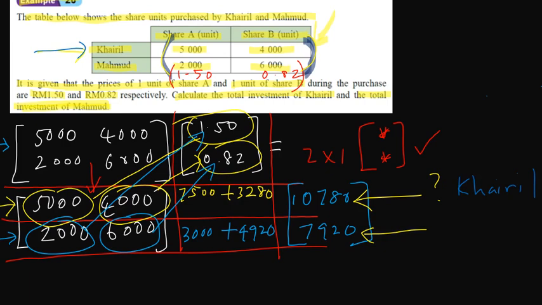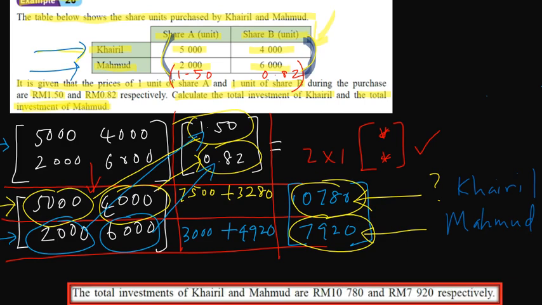And the second one is Mahmud. So this is the total investment that they have, that you have calculated. So you can write it like this: the total investment of Khairil and Mahmud are these figures that you got just now.